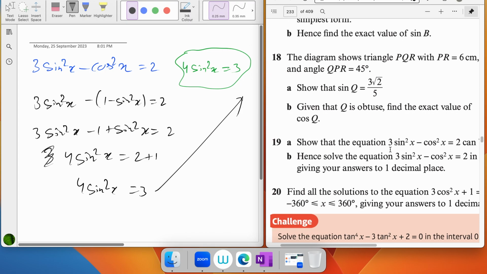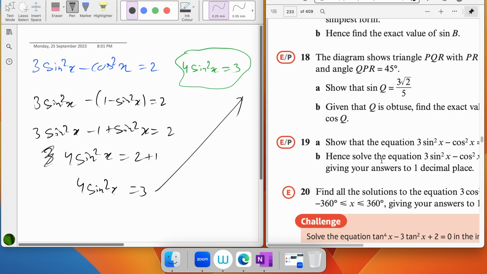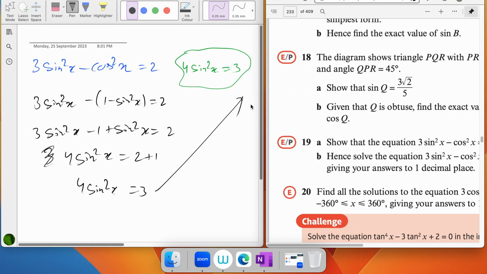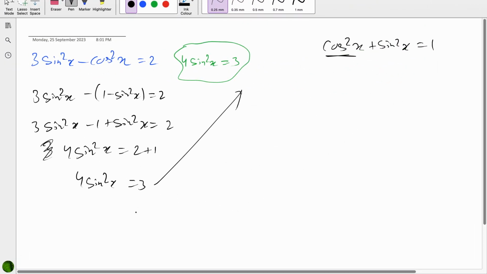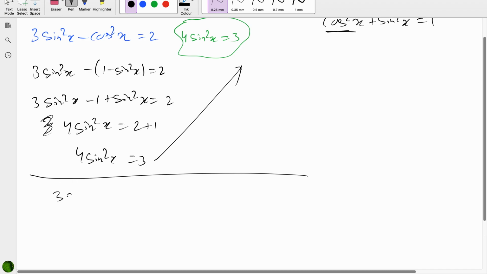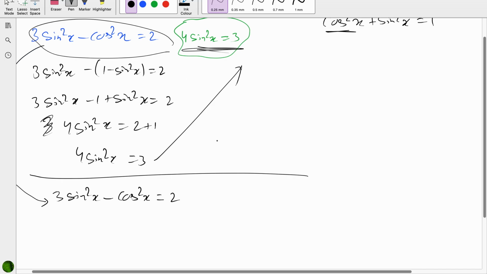Part B says hence solve the equation for the interval minus 180 to 180. So whenever the examiner asks you to solve it, he always gives you the first line, and we know we can convert this equation into this written in green.